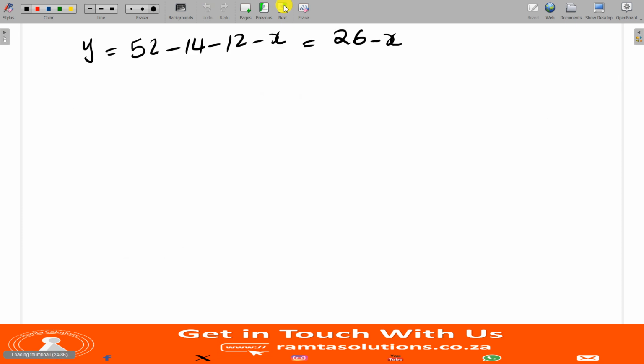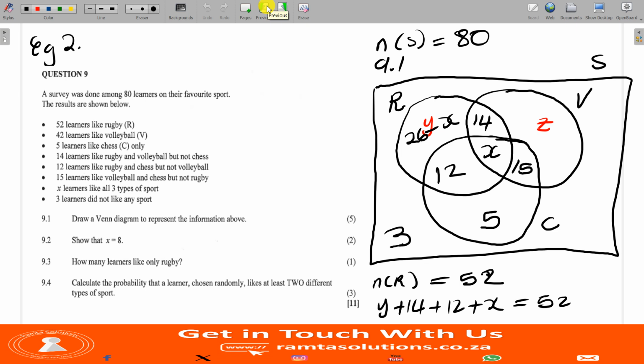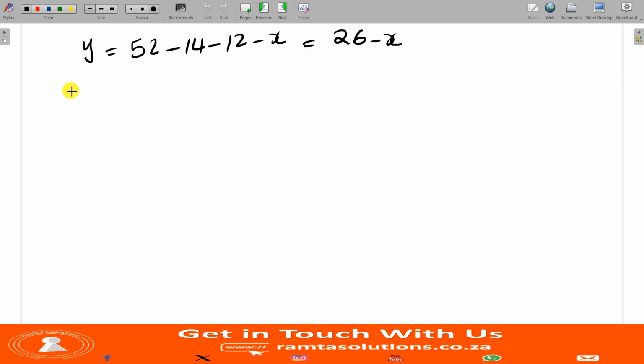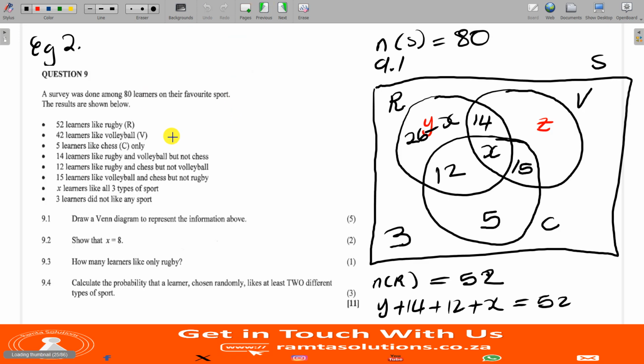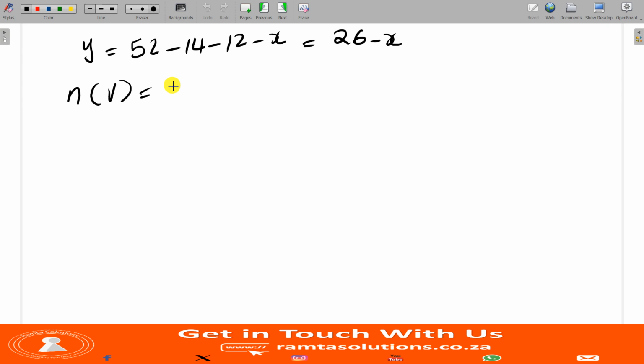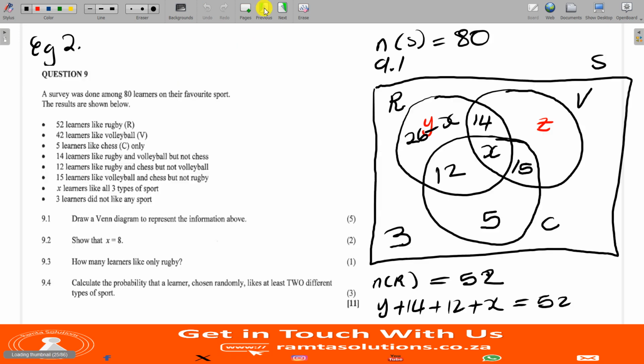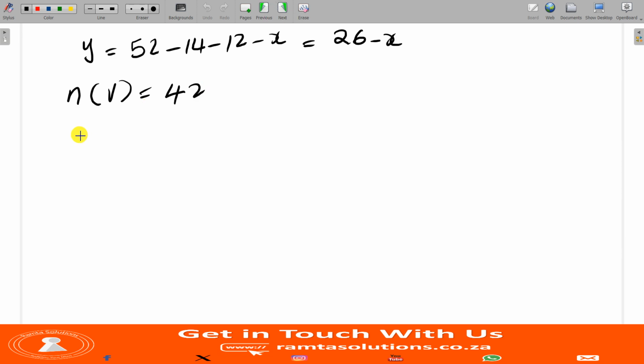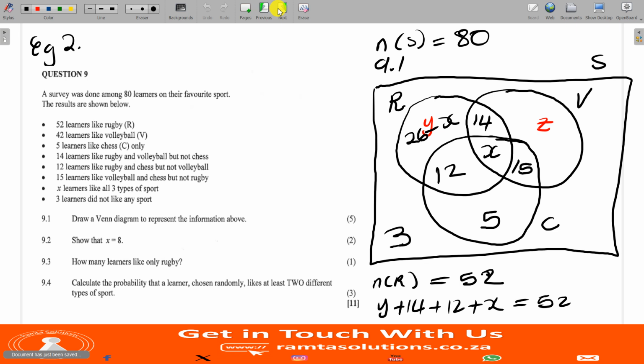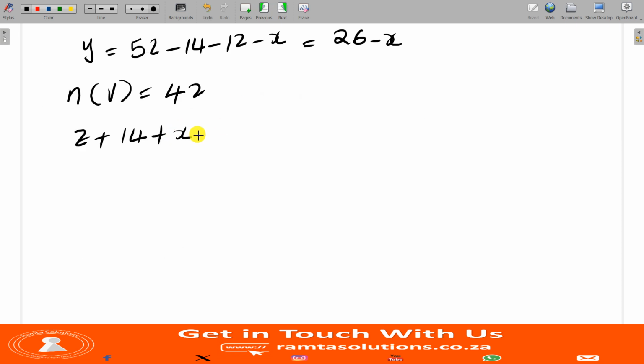Now let's go to Z. What does Z represent? It represents volleyball. So the number of those that love volleyball is 42. So what do we say now? We will say Z plus 14 plus 15 plus X is equal to 42.